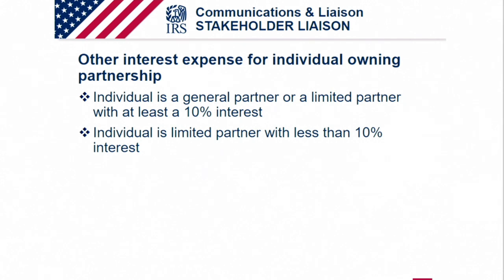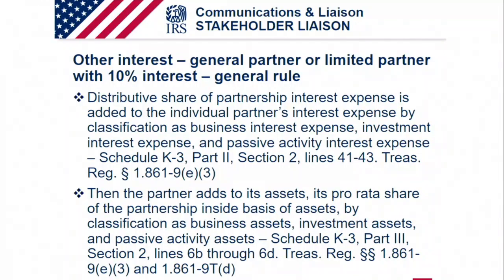For general partners or limited partners with at least 10% ownership interest, the individual partner has to add his distributive share of partnership interest expense to his other interest expense, classified as business interest expense, investment interest expense, or passive activity interest expense.